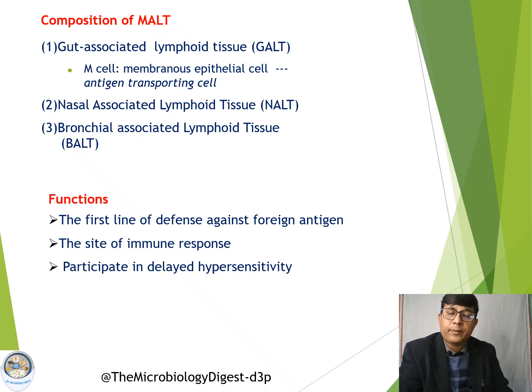These are the first line of defense because they are the first lymphoid organs to come into contact with the antigen. They are also the site of generation of the immune response. Some of the mucosa-associated lymphoid tissues also take part in delayed-type hypersensitivity. We'll be discussing what that is in different discussions.